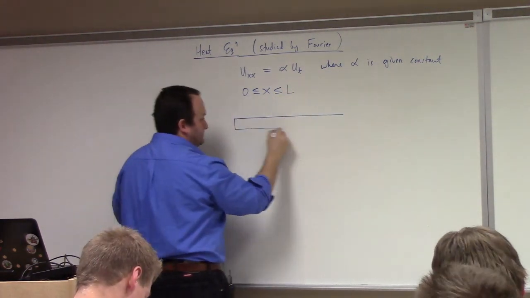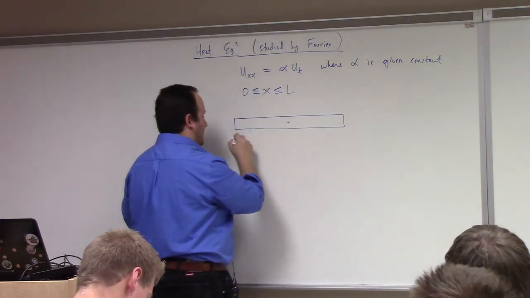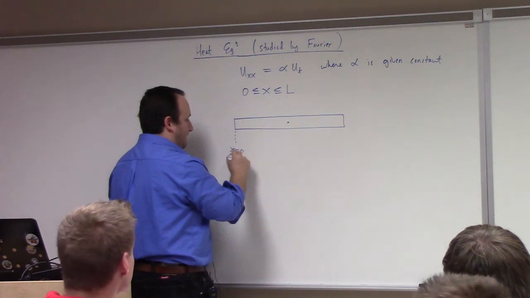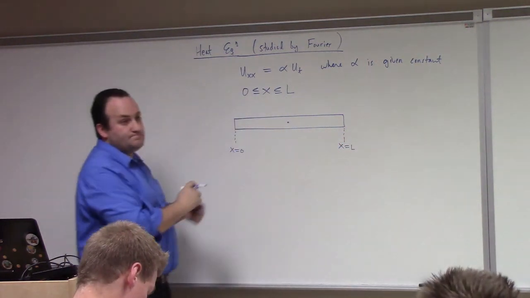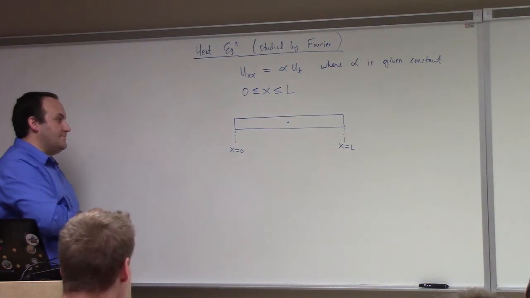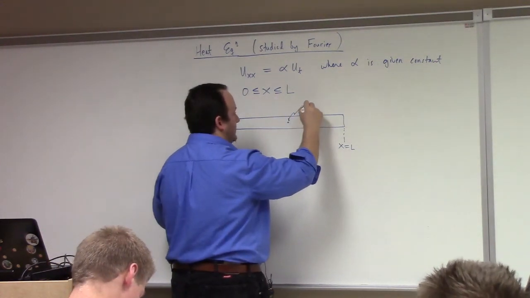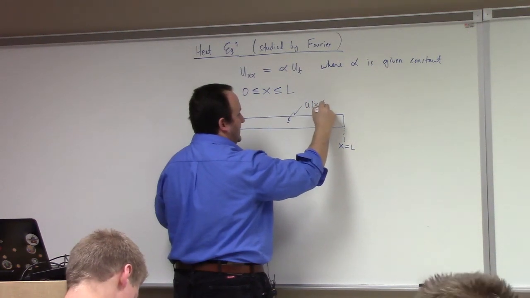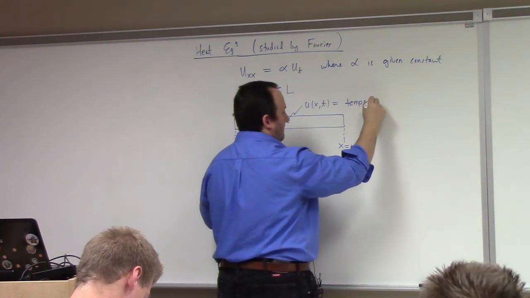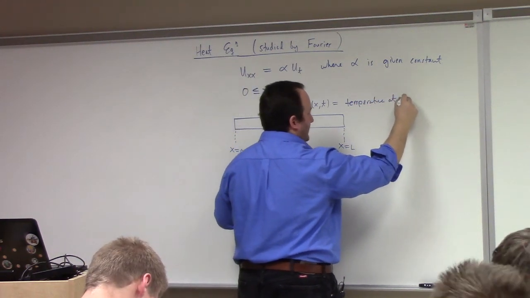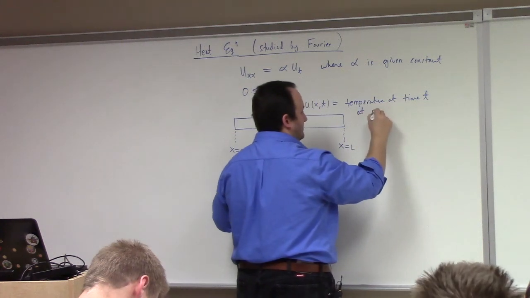You have this rod, and here is x equals 0, and over here is x equals L. At a particular point x, u of x comma t is equal to the temperature at time t at position x.